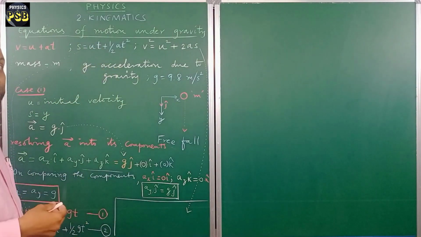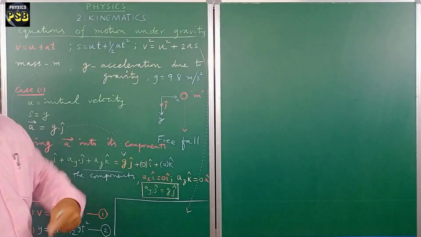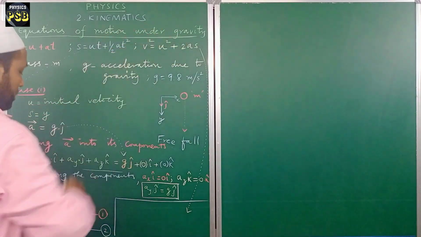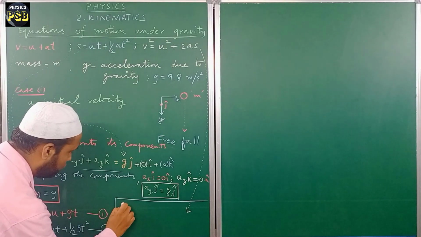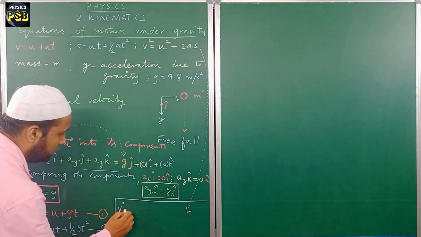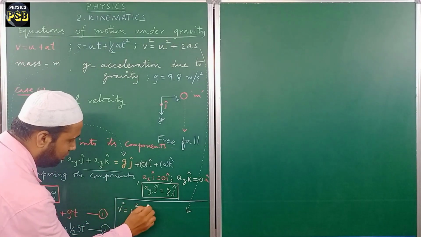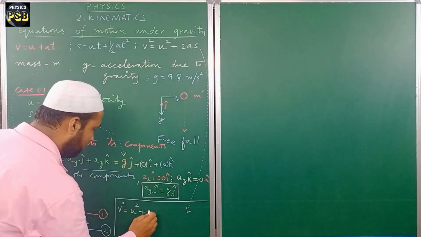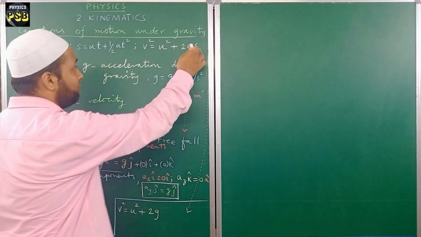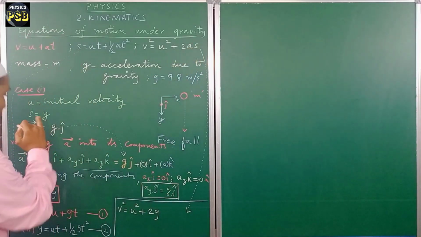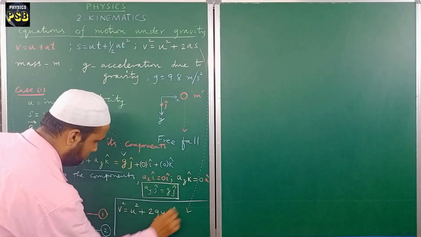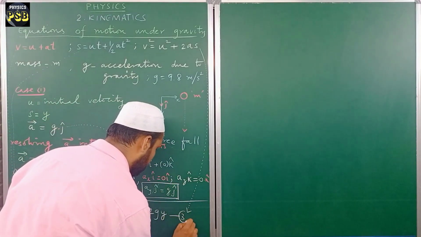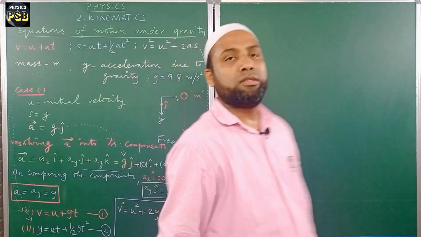Square of the speed or the square of velocity with which the object is under motion is obtained using this equation of motion. v square, the final velocity, is equal to the square of initial velocity, plus in the place of a I write g, in the place of s I have to write y. Fine. This is equation number 3.